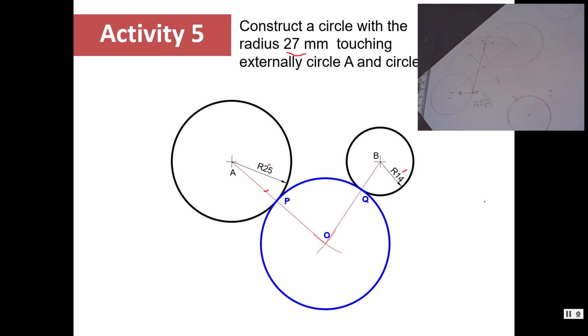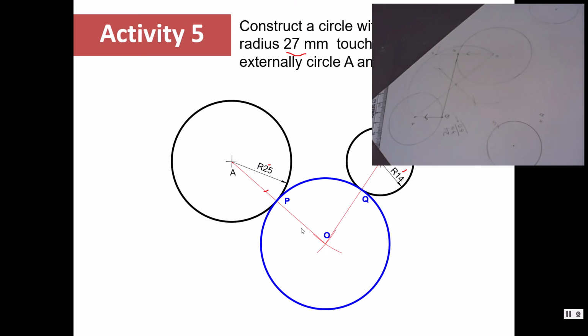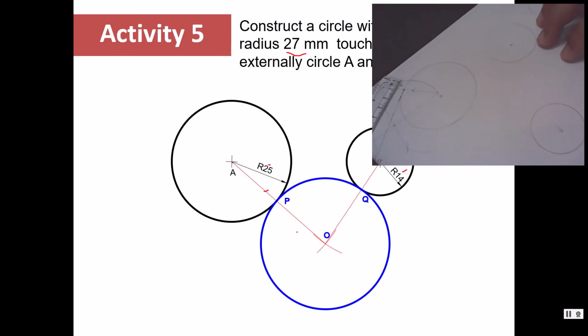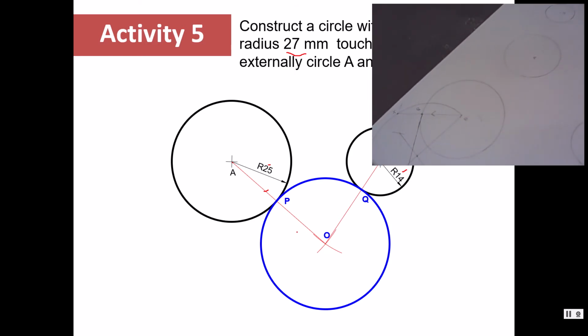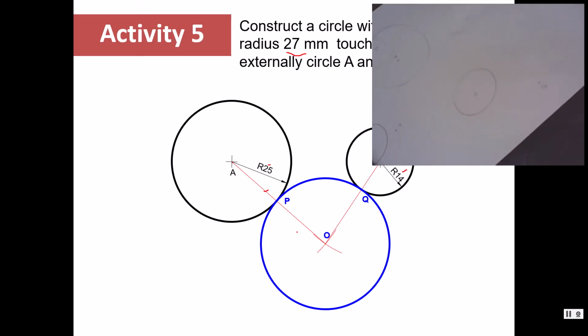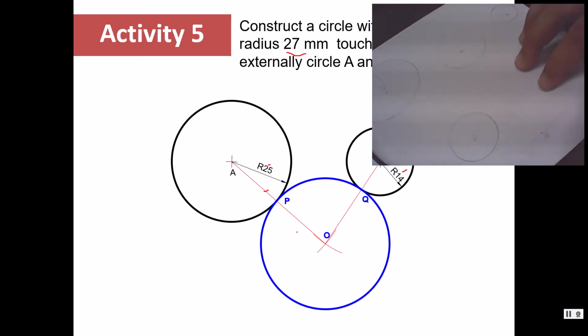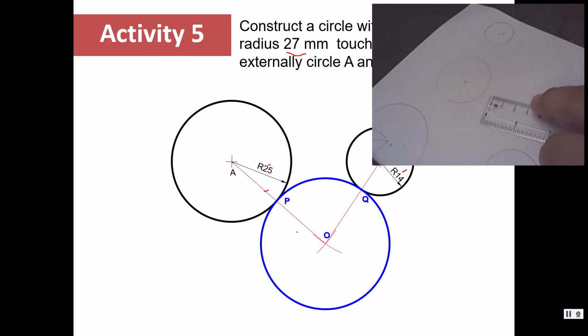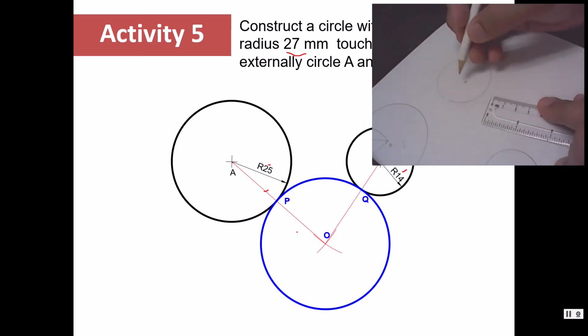Okay, so let's all do it together. So now you have two circles. You have two circles here with the radius, this one is 25 and this one is 14.